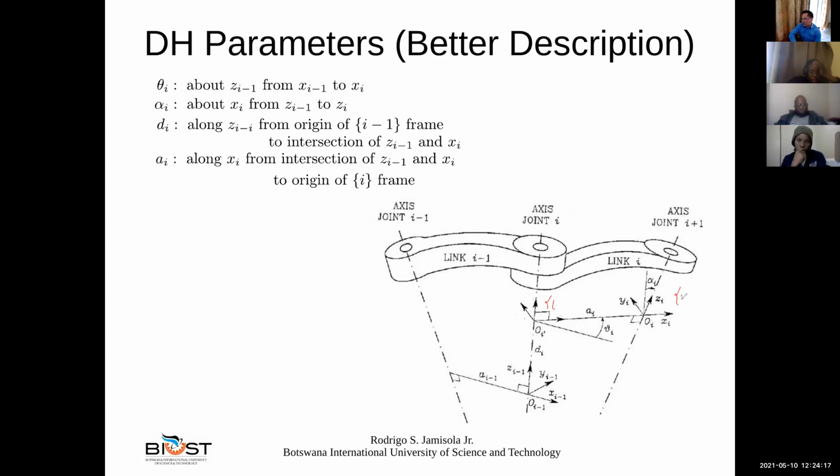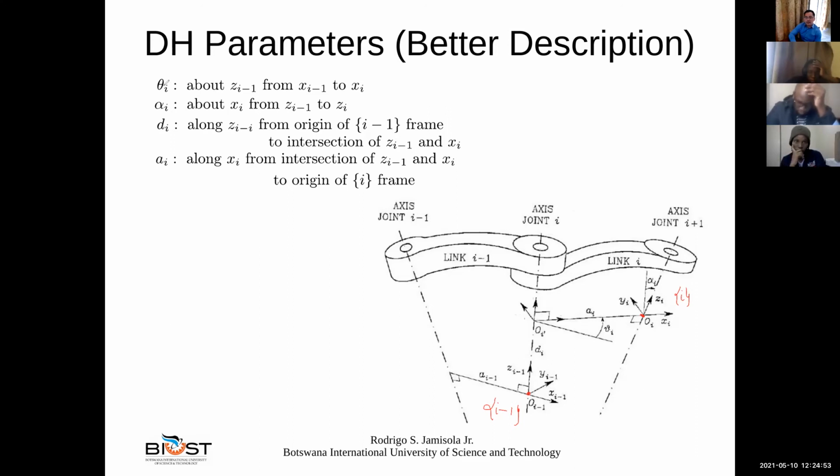This is frame I. This is the origin of frame I. And this is frame I minus 1. So now we define the 4 parameters that we need in order to completely describe the transformation matrix between frame I minus 1 and frame I.